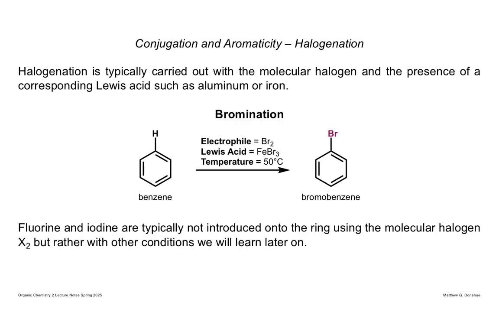So bromination, I'm not going to write the mechanism for this because it's pretty much the same. The bromine reacts with the FeBr3. That forms your Br+. That's the electrophile. It does the substitution. So H is now going to Br, and you have bromobenzene.